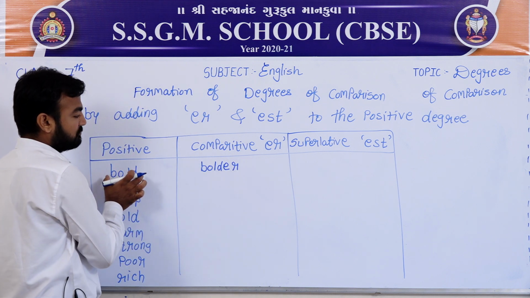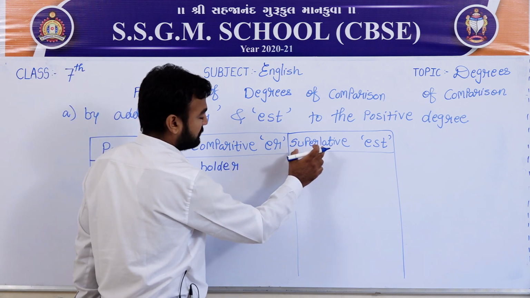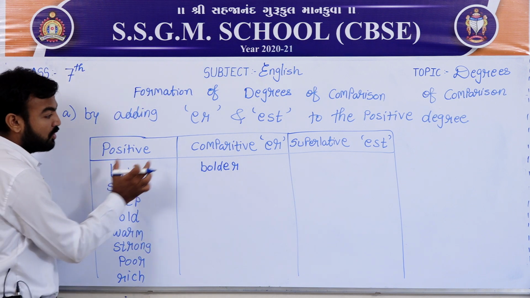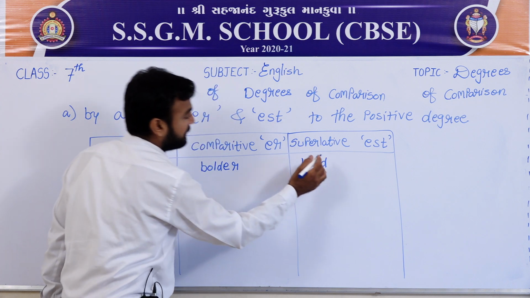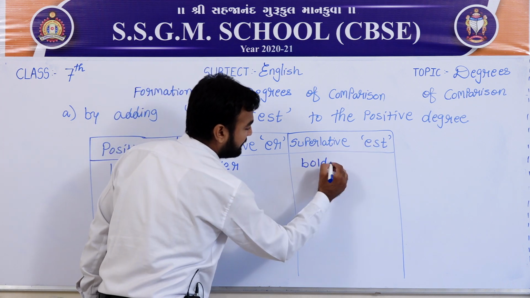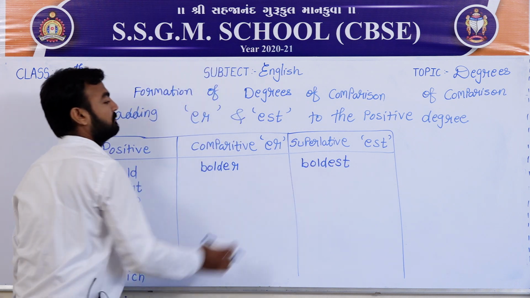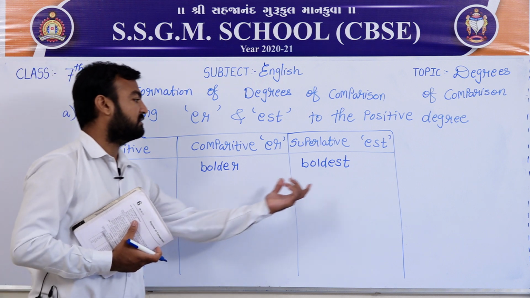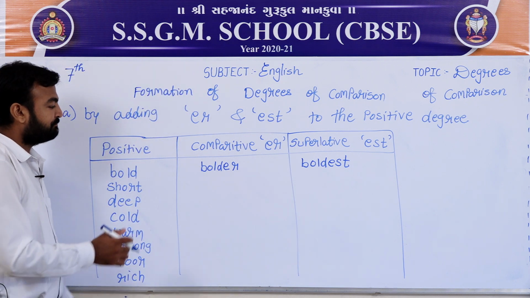So this becomes bold, bolder, and now we are comparing, so now we are going for superlative. So as it is, you have to write bold over here, positive degree I am writing over here, and then you have to add EST at the end. So the word becomes boldest. Now we compare bold, bolder, boldest. So likewise, you have to complete it by yourself.